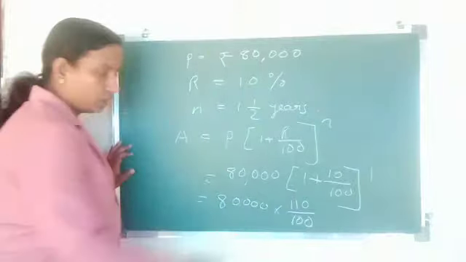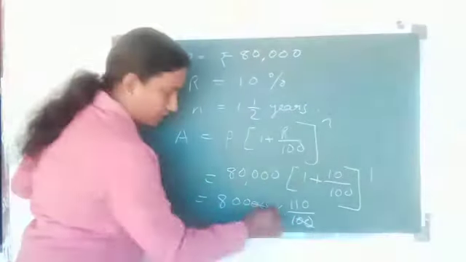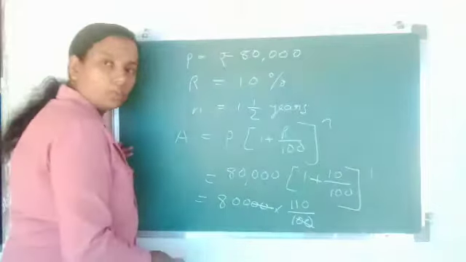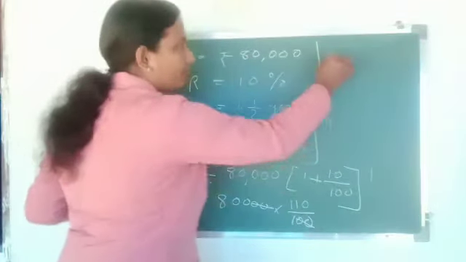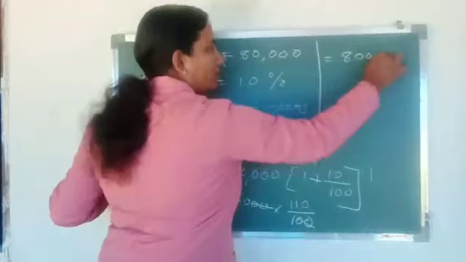Two zeros cancelled, remaining 800 into 110.